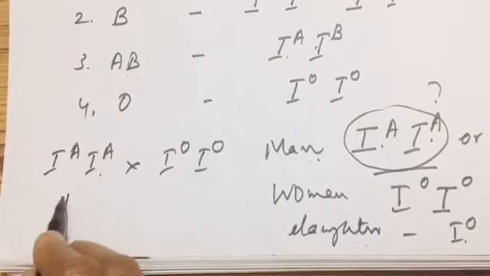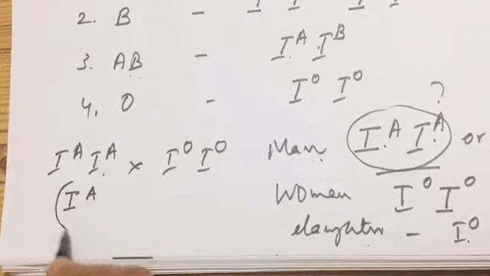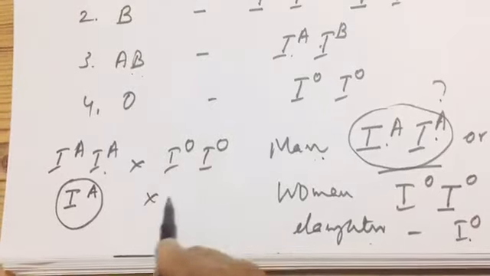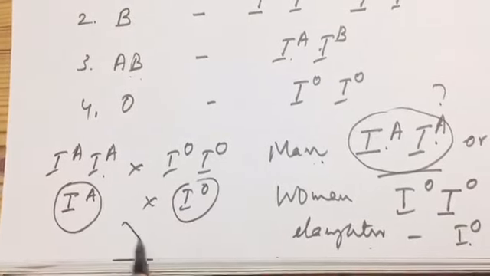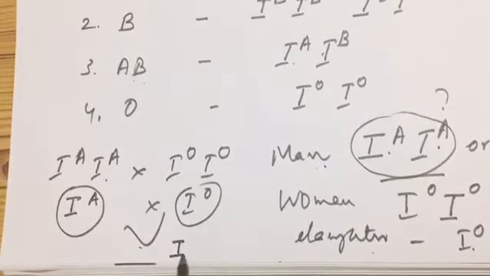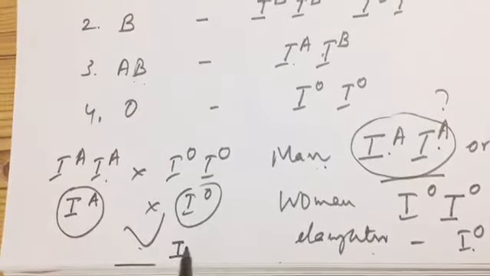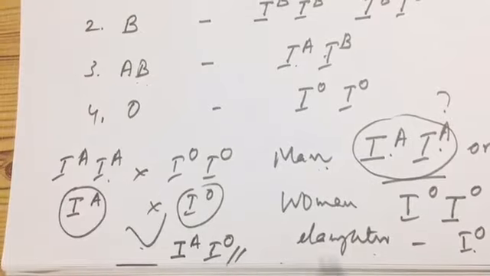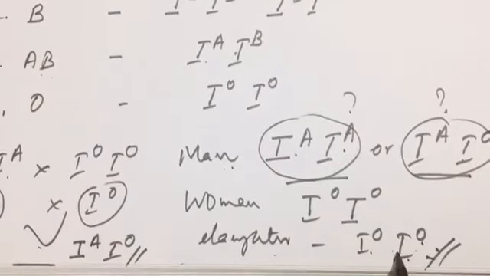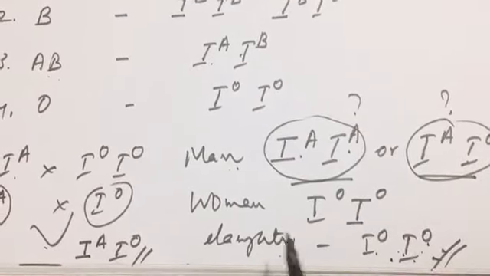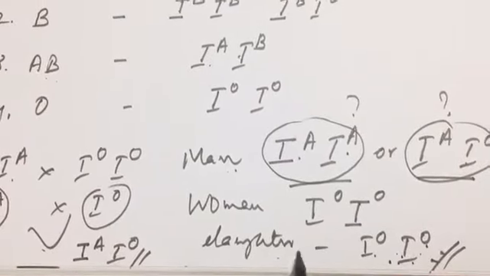One form only we are taking in the gamete, IA versus IO. So what is the cross? IA IO. What is this? A. Isn't it? The phenotype is A only. But the daughter's blood group is O, which is already given in the question. So, can it be? No.